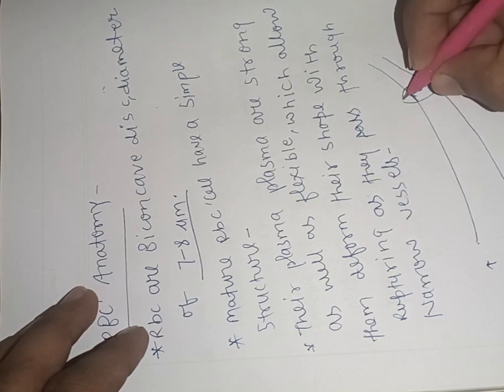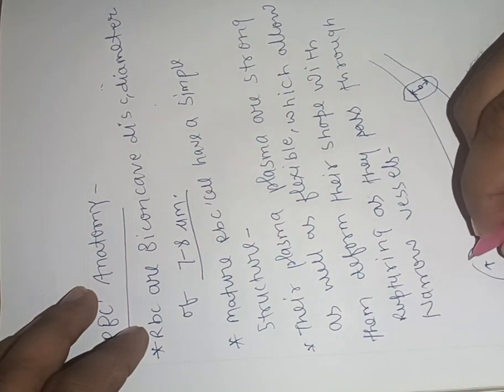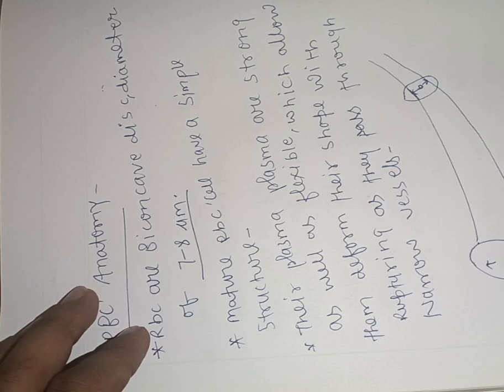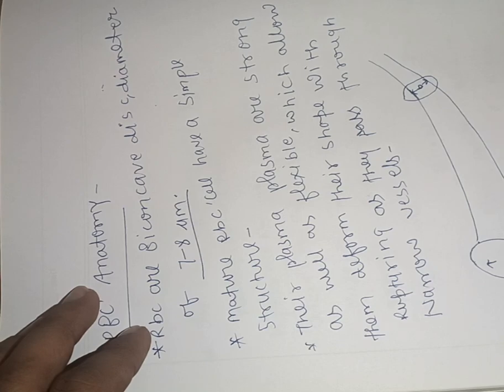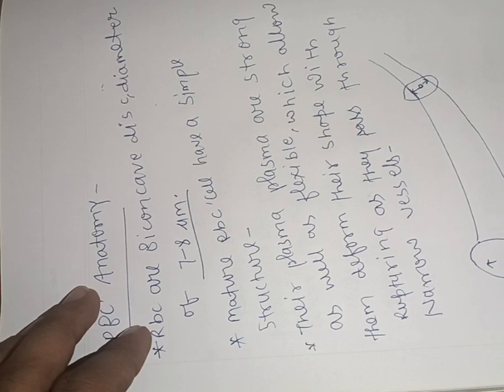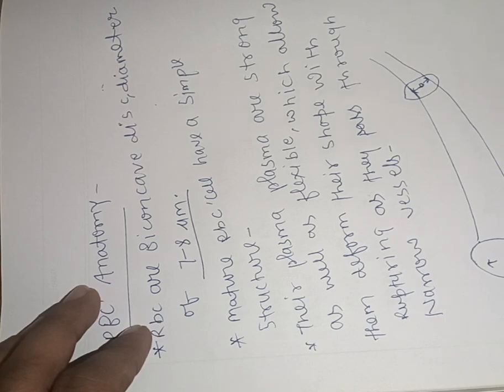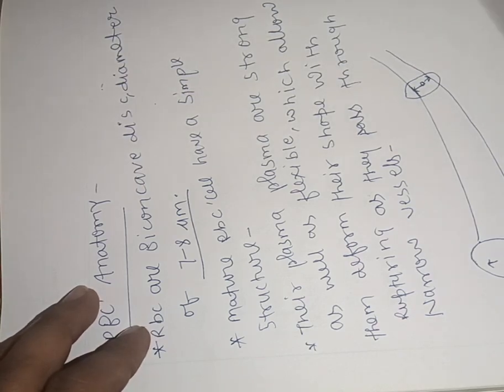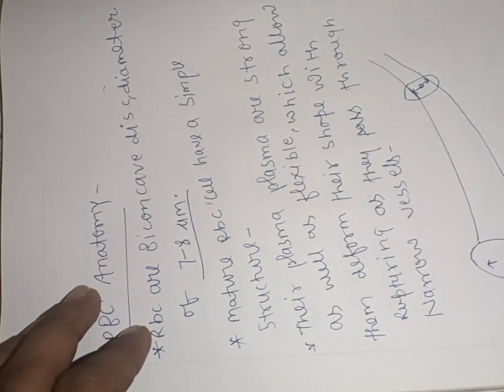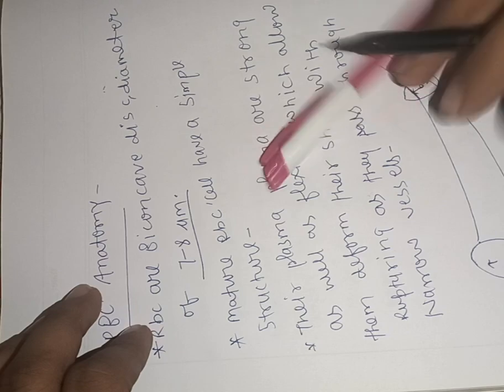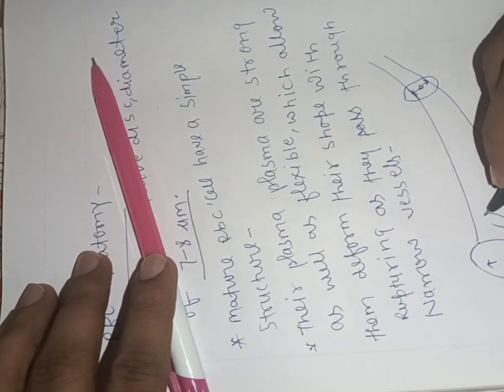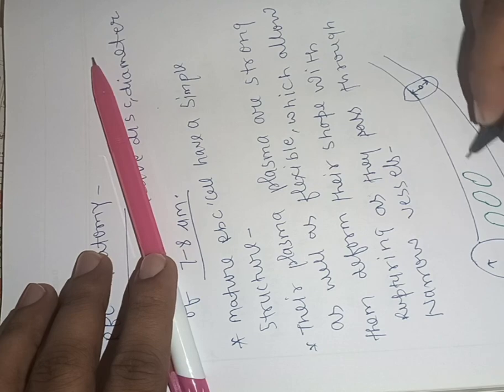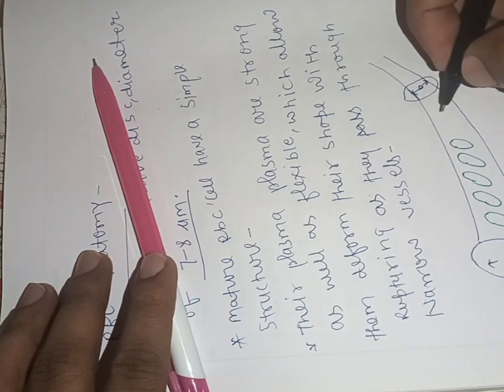Here the diameter is less and here the diameter is more. Suppose these are the RBC cells.